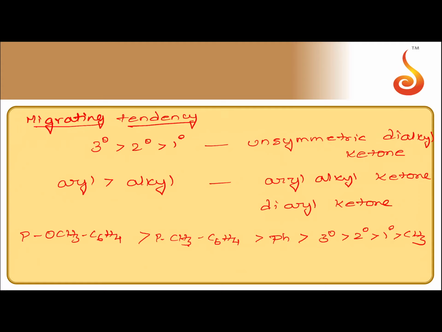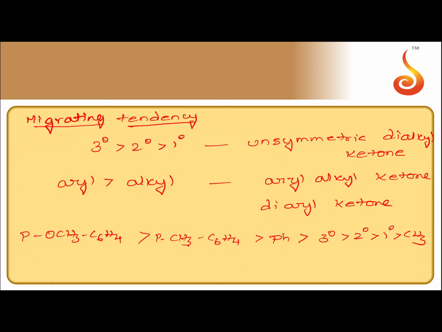Again I am repeating, if you look at the mechanism, one of the alkyl groups in the ketone will migrate towards oxygen. If the ketone is an unsymmetric dialkyl ketone, then the migrating tendency of the alkyl group will be more if it is more electron releasing. So tertiary is greater than secondary greater than primary.